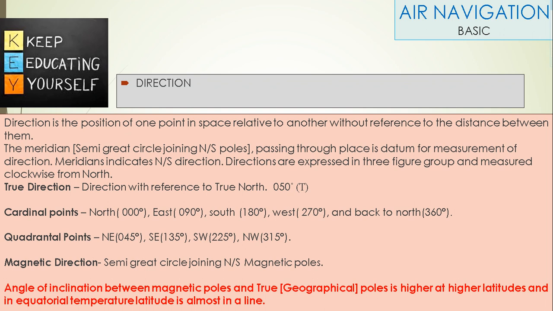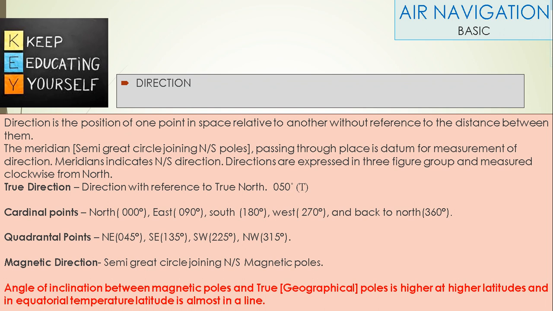True direction, magnetic direction, cardinal points, quadrantal points. True directions are directions with reference to true north, written as 050 degrees true. Cardinal points: north 000 degrees or 360 degrees.